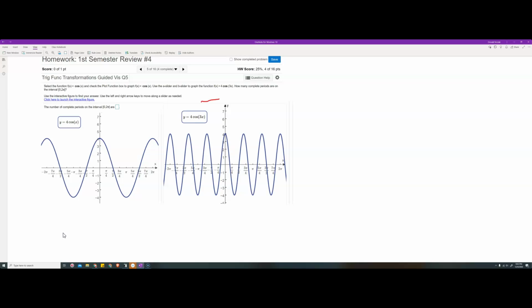Well, that's exactly what the frequency tells you. There are going to be 3 complete periods between 0 and 2 pi. Here's 0, here's 2 pi. So there will be 3 cycles of cosine between those 2 marks.